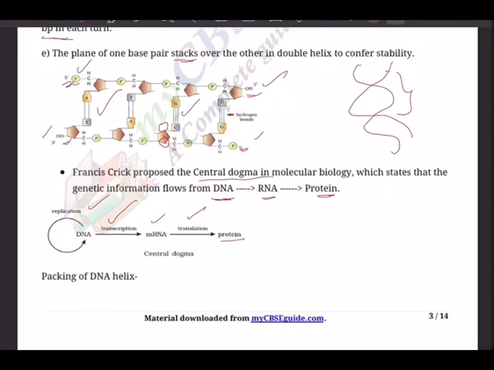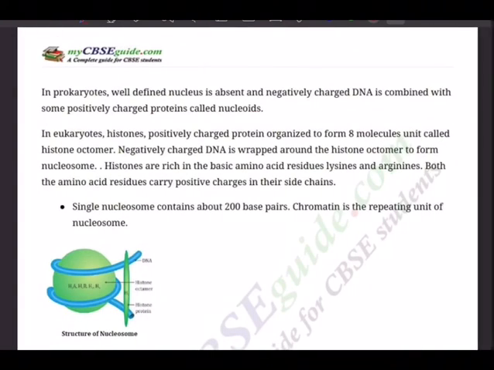And now, packing of the DNA helix. In prokaryotes, a well-defined nucleus is absent, and negatively charged DNA is combined with some positively charged proteins in regions called nucleoids. In eukaryotes, histones, as you are seeing here in the picture, are positively charged proteins organized to form 8 molecules. That's why it is octa, right?